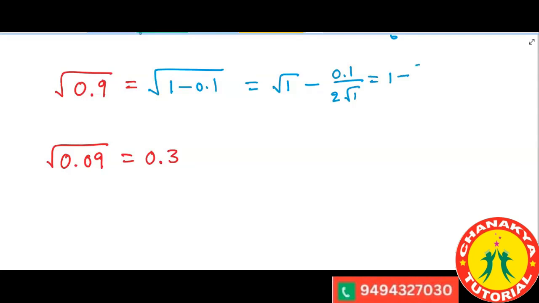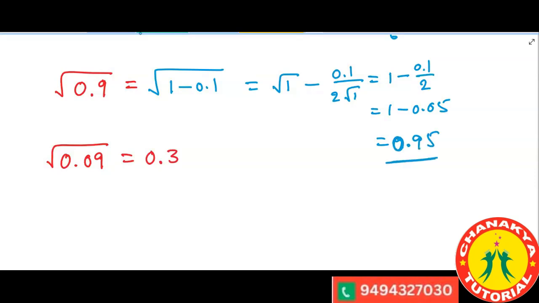We can take 0.1 by 2, which is nothing but 1 by 20, or 0.05, right? Yes, sir. So 1 minus 0.05 is how much? 0.95. Yes, 0.95. That's the answer.